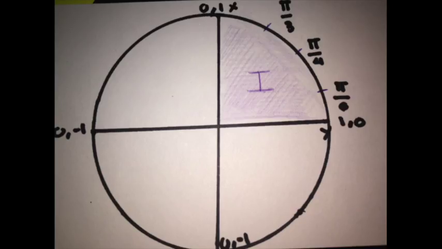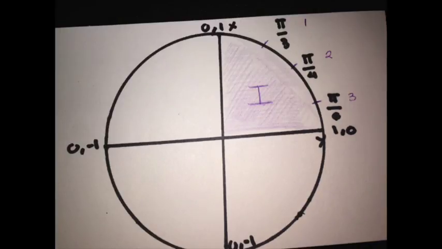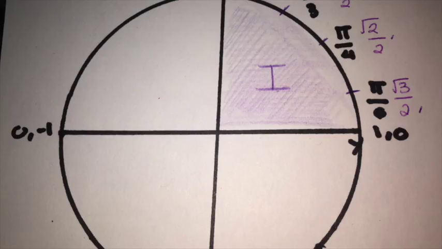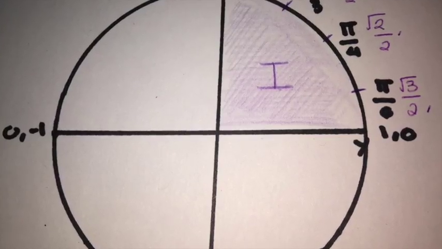This part is gonna be easier, because all you need to know are 3 values. The ones of pi over 3, pi over 4, and pi over 6. For this, all you need to do is enumerate the values from 1 to 3, starting from pi over 3 to pi over 6, with the exceptions that 2 and 3 are gonna be square root.